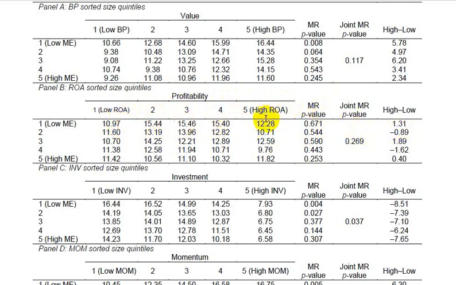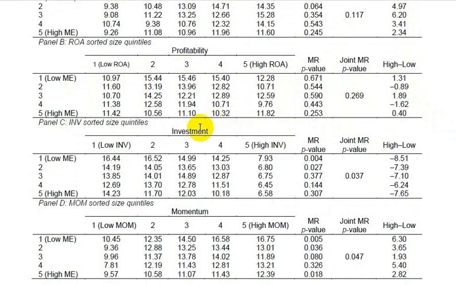Also the high ROA minus the low ROA here is really inconclusive across different sizes as well. But like we found before and like other prior research finds, the very smallest of companies are the ones that are most prominent in the different factors.